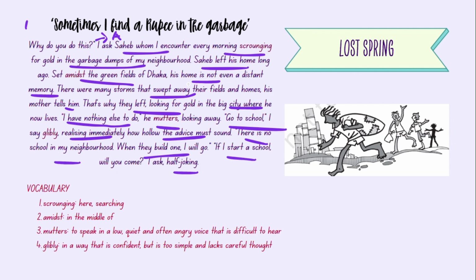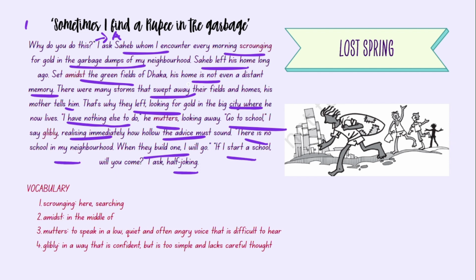To which our author replies, advising him to go to school. But then she realizes that this advice is so hollow. People who cannot even earn a square meal, how can their children go to school?